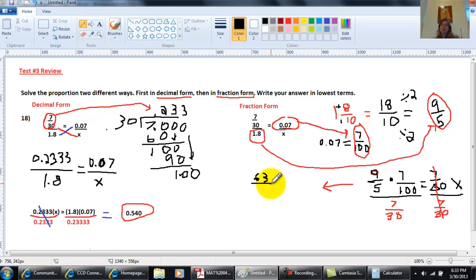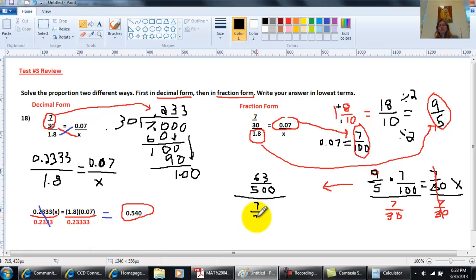That's just the numerator. All I've done there is I multiplied 9 times 7 to get the 63, 5 times 100, which is 500. Okay, because we multiply the numerators, multiply the denominators. This is still over the 7/30ths, so we're not done yet.